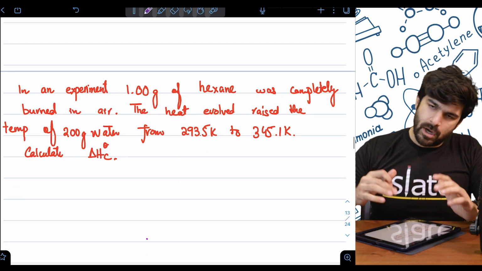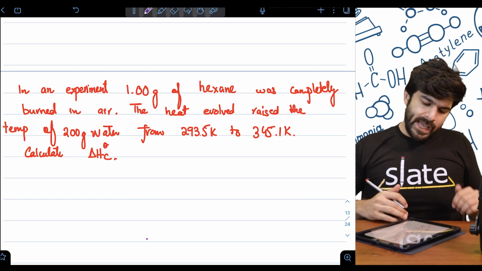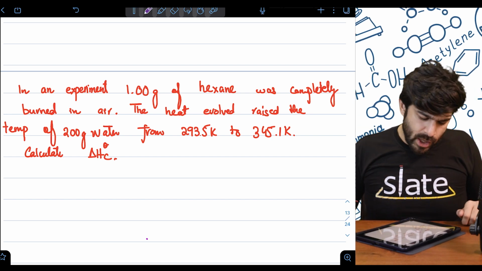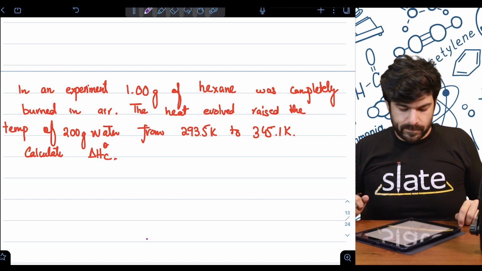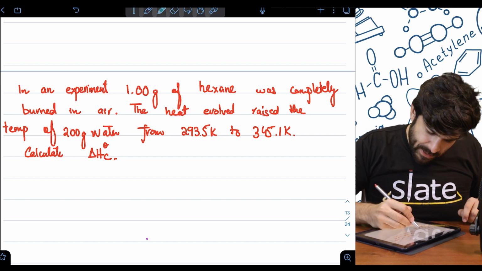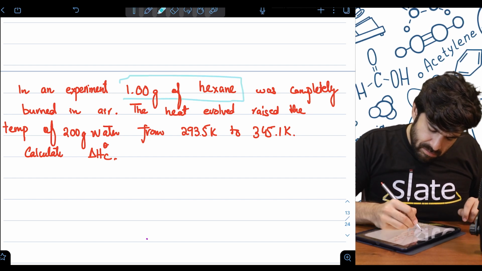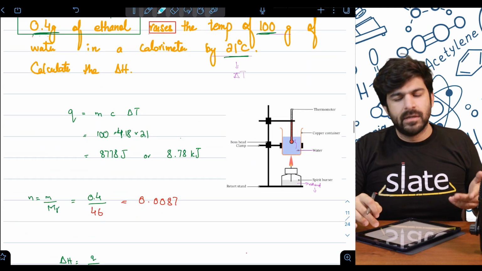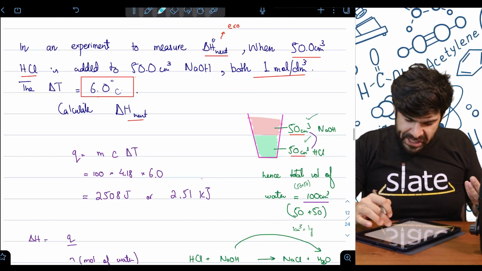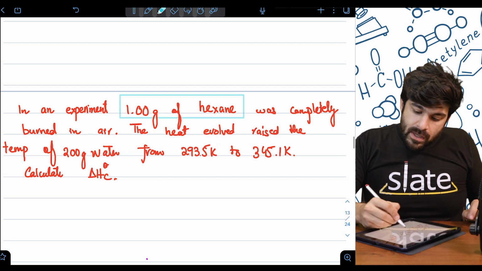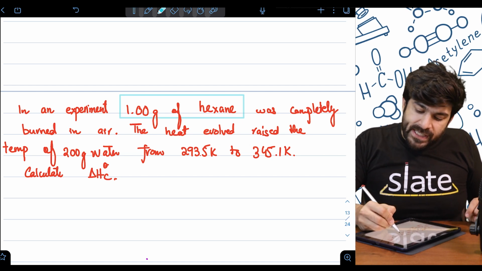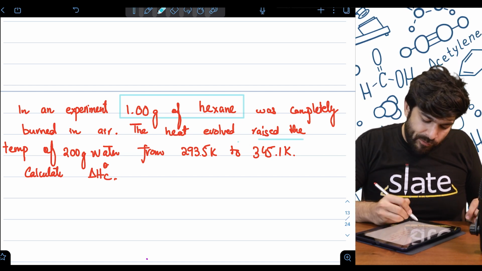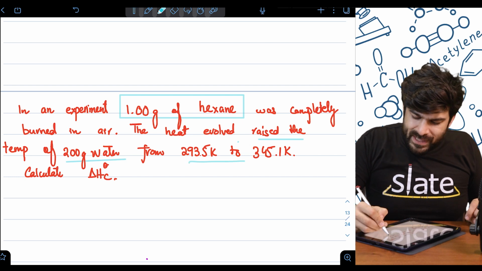Last question, for combustion. In an experiment, 1 gram of hexane was completely burned in air. So this is the mass of hexane. We use a similar technique or calorimeter. We can use anything. The heat evolved raised the temperature of 200 gram of water from this value to this value.